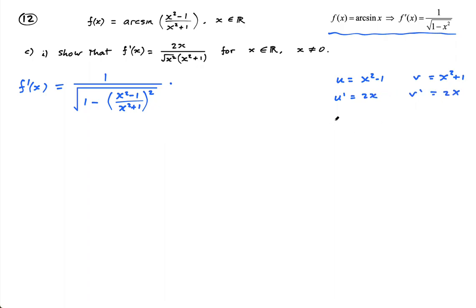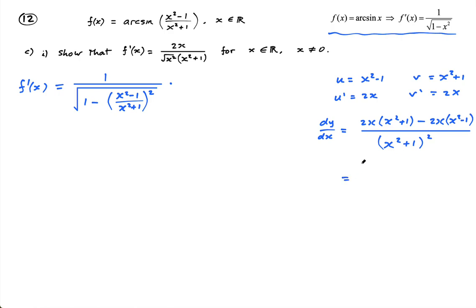So then dy dx is equal to v u dash minus u v dash, so 2x times x squared plus 1 minus 2x times x squared minus 1, all over v squared, which is x squared plus 1 all squared.